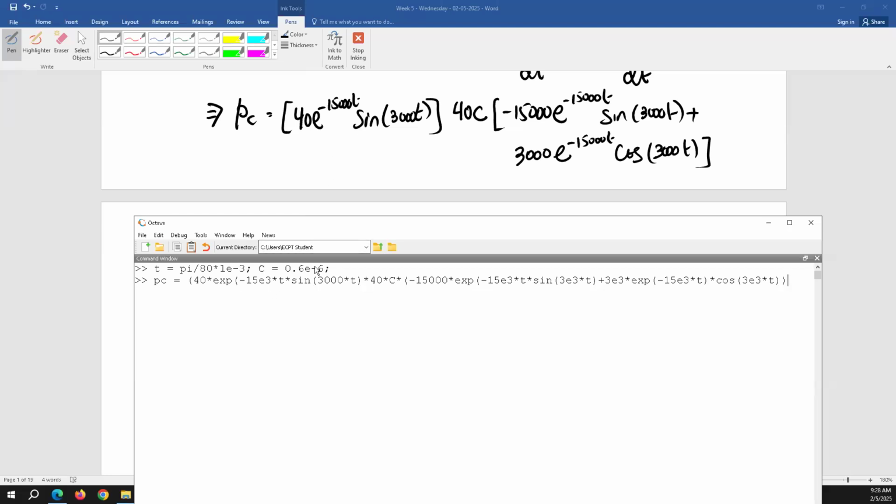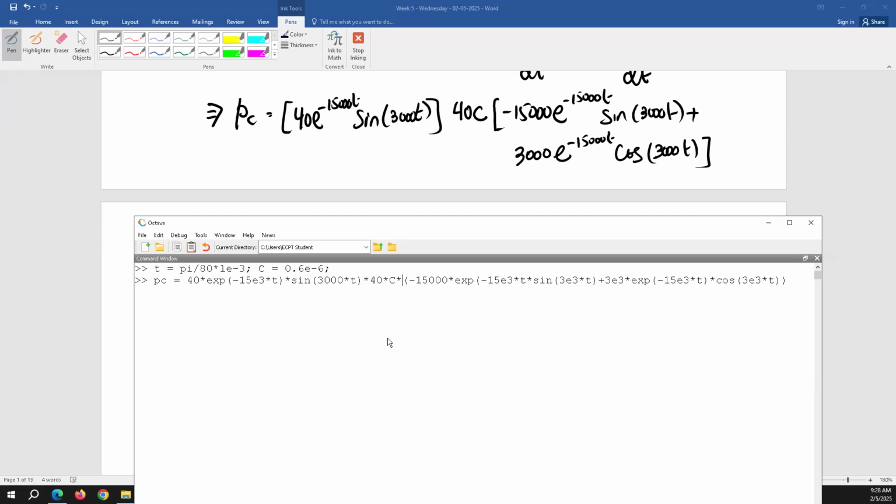All right, let's make sure that we are not missing any parentheses. 40 exponent negative 15,000 t times sine 3000 t. We're missing one parenthesis here, actually: exponent negative 15,000 times t, and then sine 3000 t. We don't really need parentheses there, because everything is multiplied: 40 times this times sine 3000 t times 40 times c.